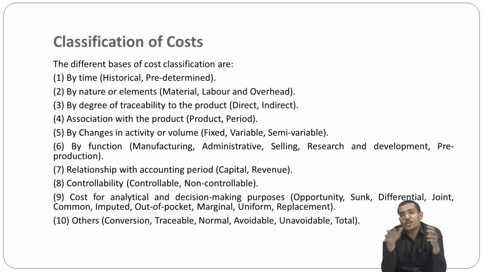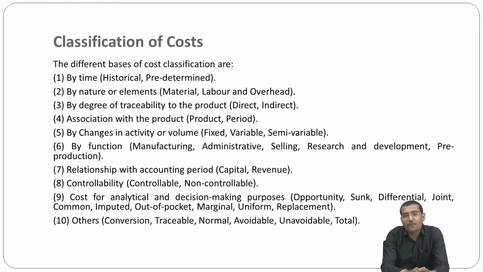Then by function, that is manufacturing, administrative, selling and distribution cost, then research and development and pre-production cost. Then relationship with accounting period, that is capital and revenue nature. Then controllability, in two aspects, that is controllable cost and non-controllable cost.